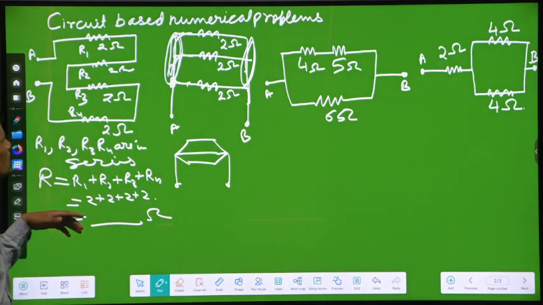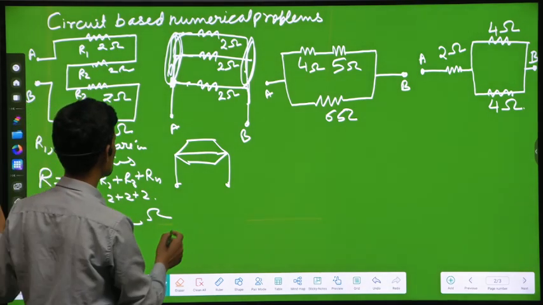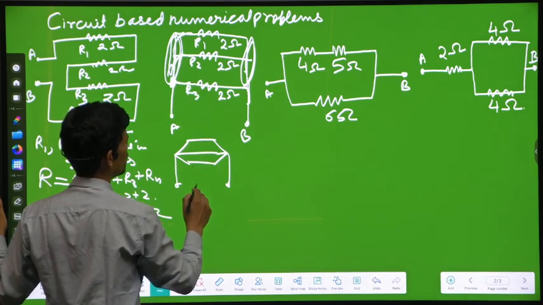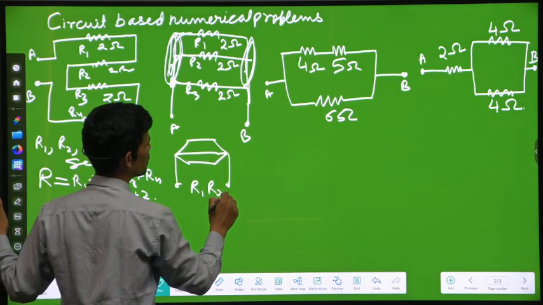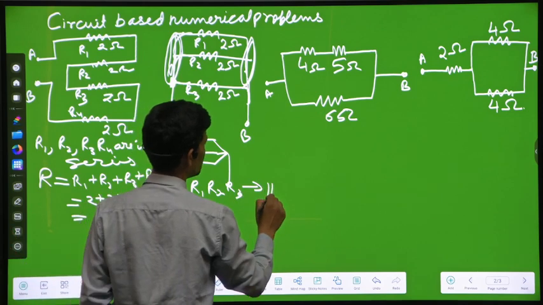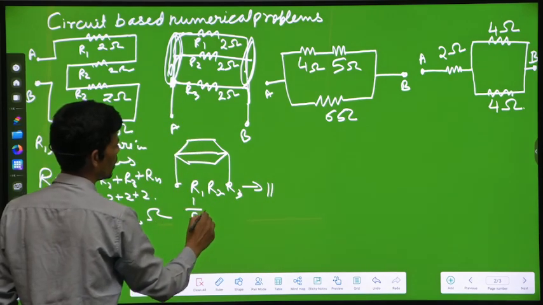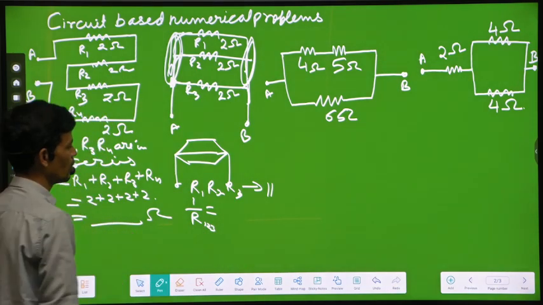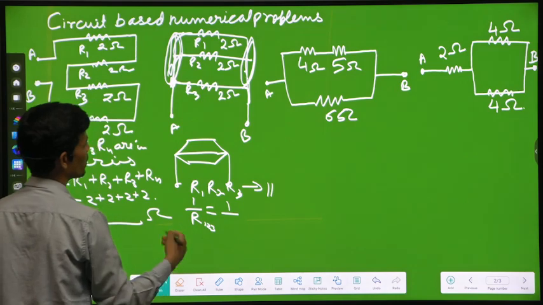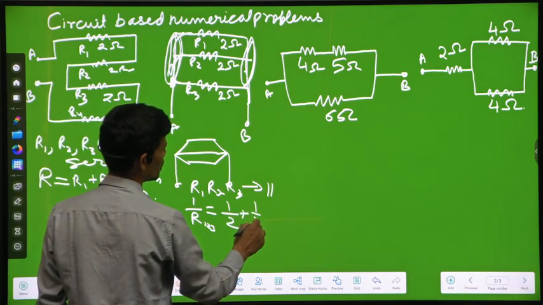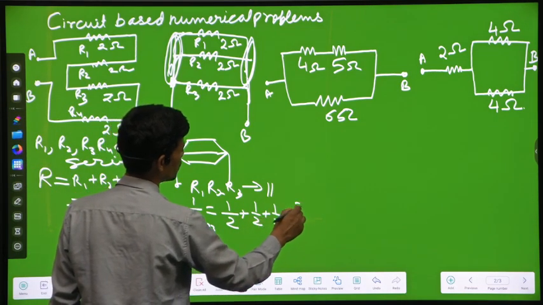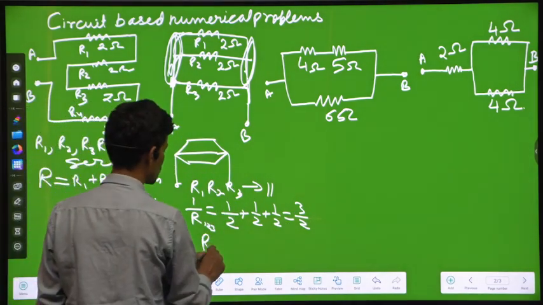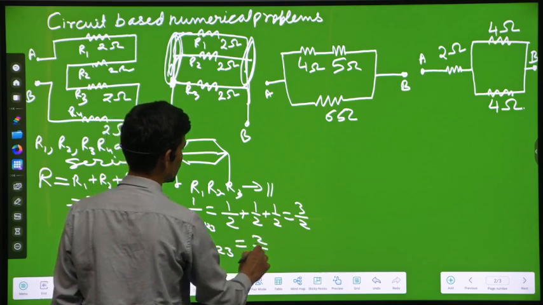So directly we can say that first we mark R1, R2, R3, and R1, R2, R3 are in parallel. So 1 upon R123 equals 1 upon R1 plus 1 upon R2 plus 1 upon R3. I'm directly putting the values. This is not the answer; now we have to reciprocate this. So R123 is equal to 2 by 3 ohm.